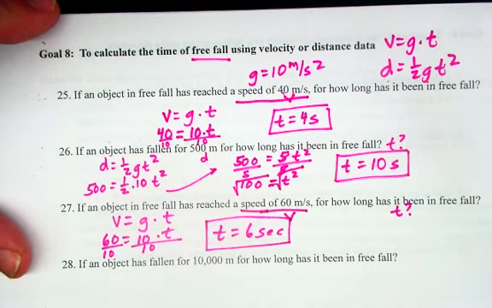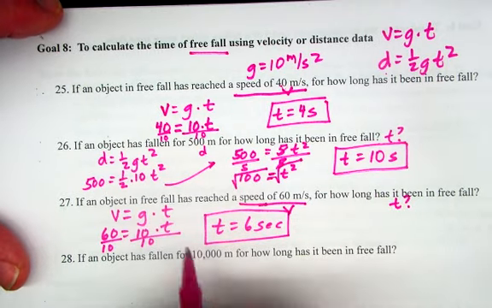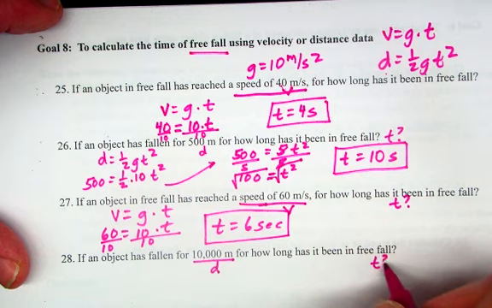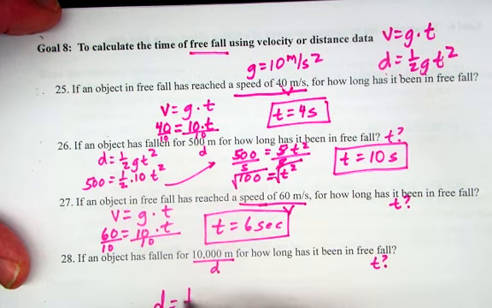The last one: if an object has fallen for 10,000 meters, for how long has it been in free fall? This is a distance, and I'm looking for a time. So I'm going to use the equation with the distance in it: distance is 1/2 g t squared.